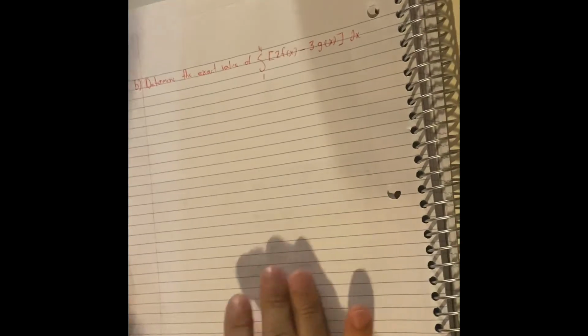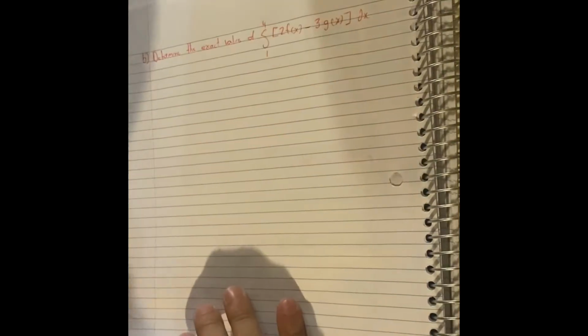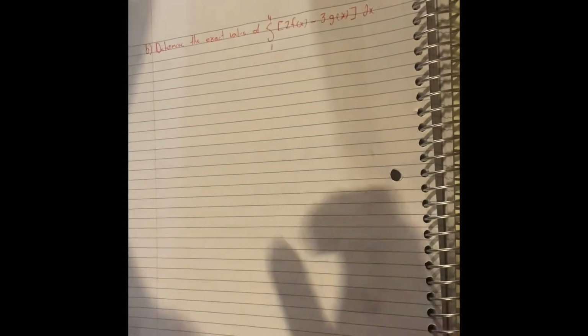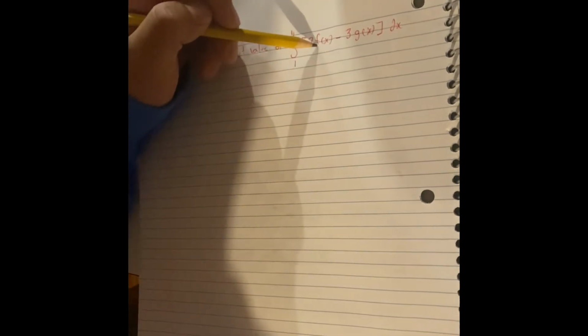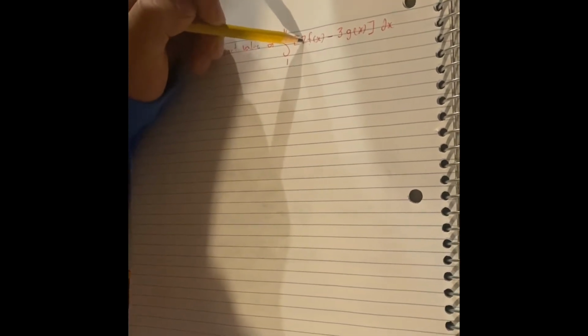Now on B, they're asking us to do the same thing, but this time they're asking us to integrate from 1 to 4 and to multiply f of x 2 times and subtract 3 times the area of g of x.